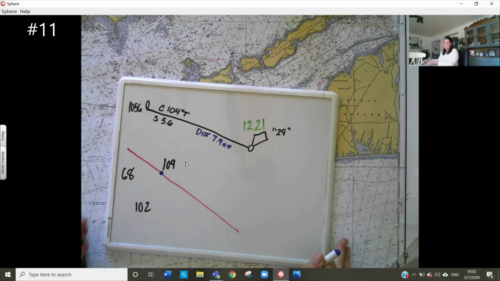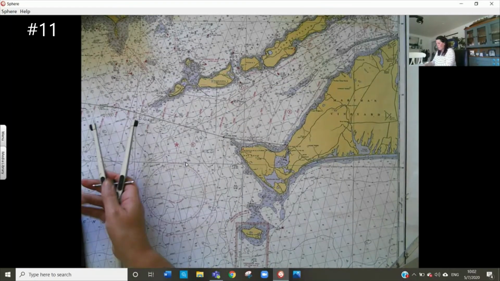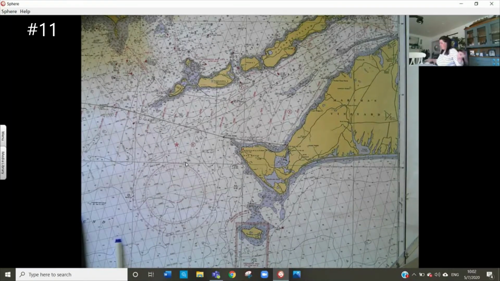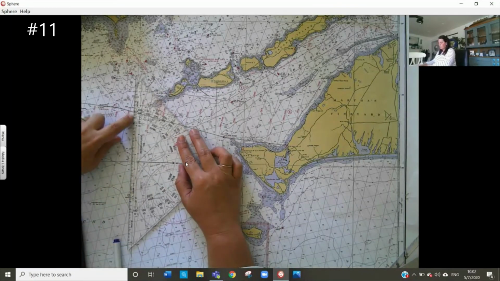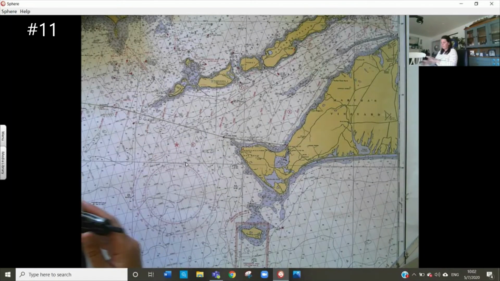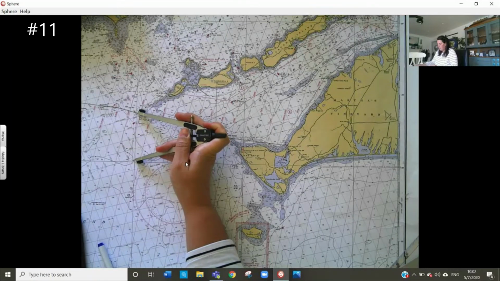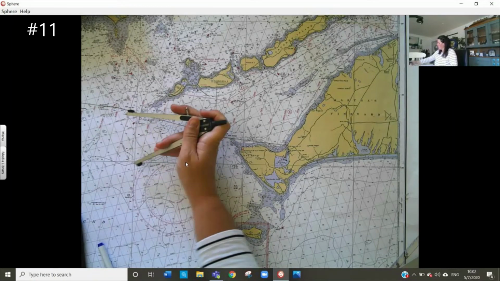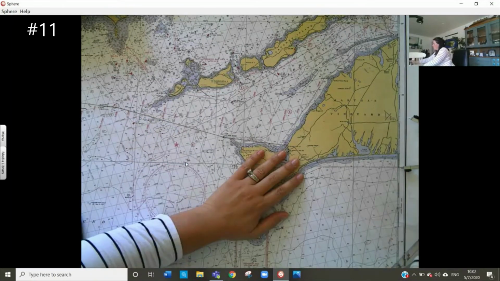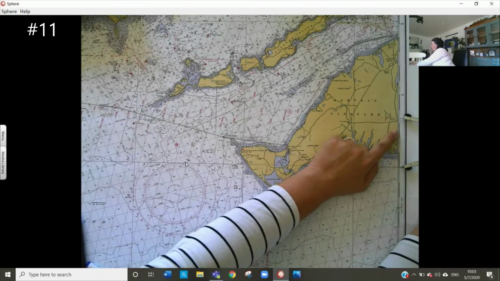So this is our practice in measuring latitude and longitude. I like to draw my longitude and my latitude in, and then I use my divider to say that that latitude, right about there, bring it all the way over, and I have my latitude as 2123.5.